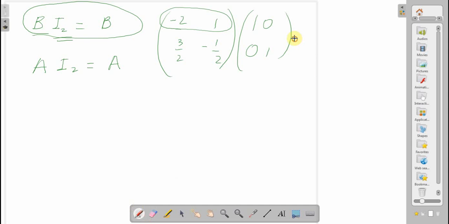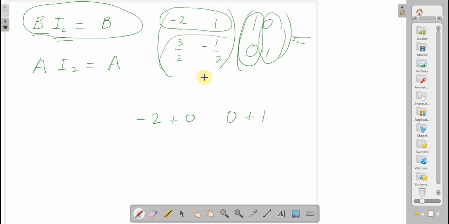So we have minus 2. And then 1 times 0 plus 0. And then we grab the second one, and then we get 0 plus 1.